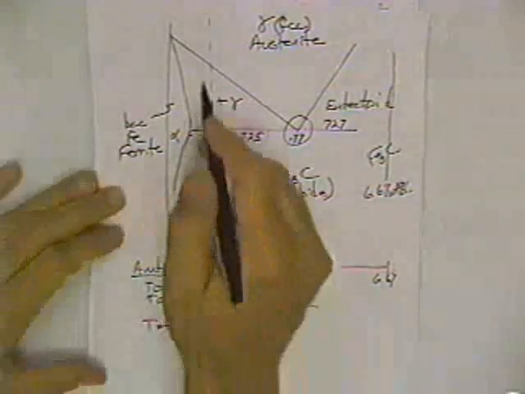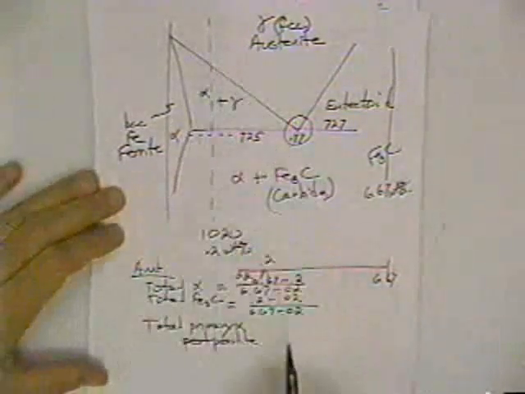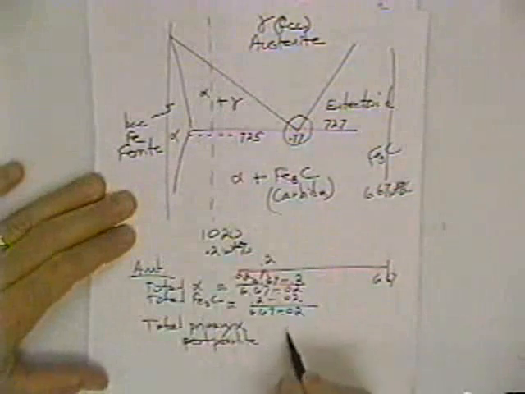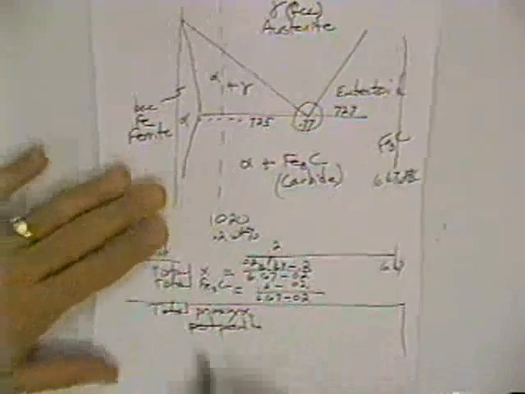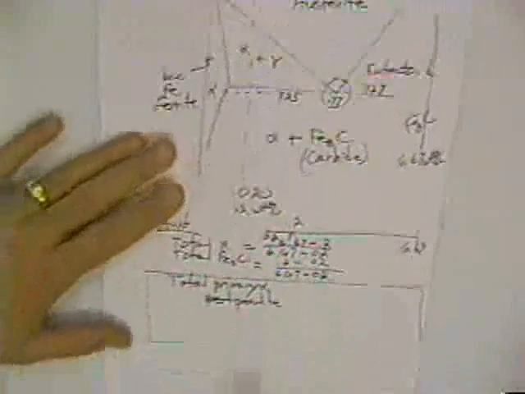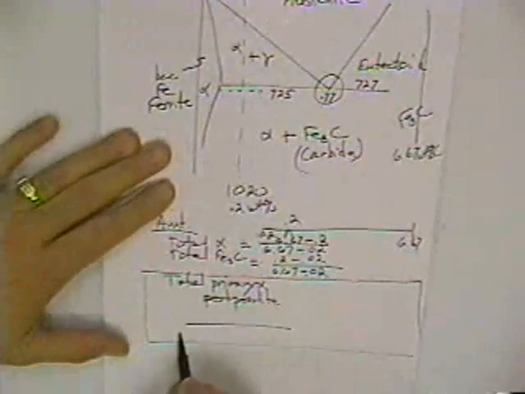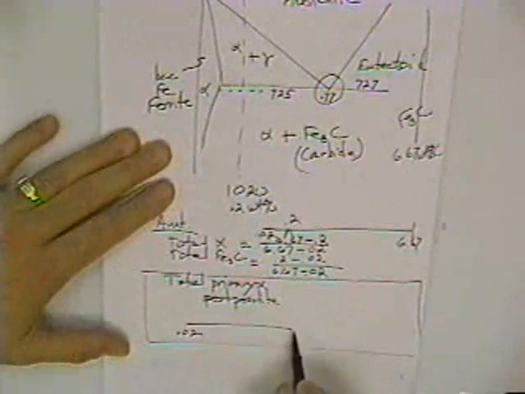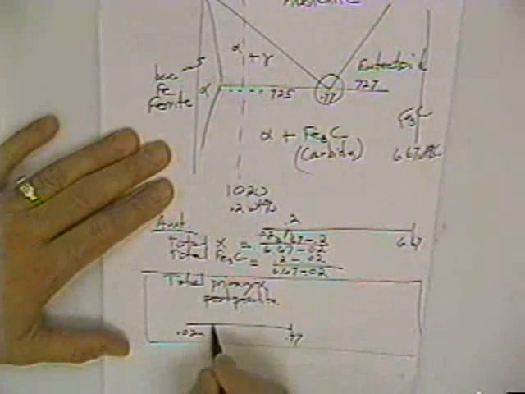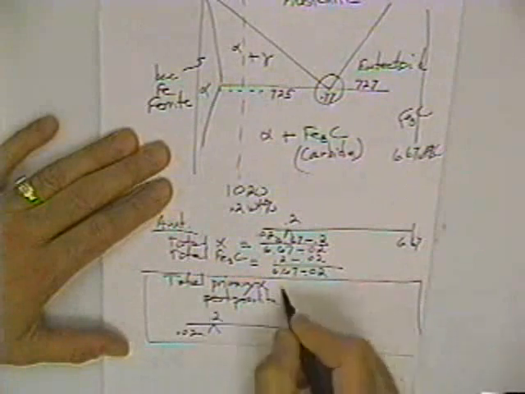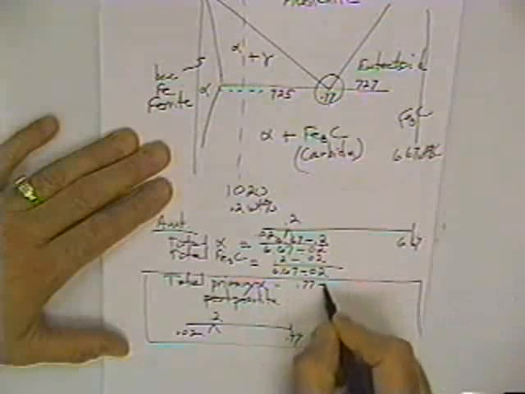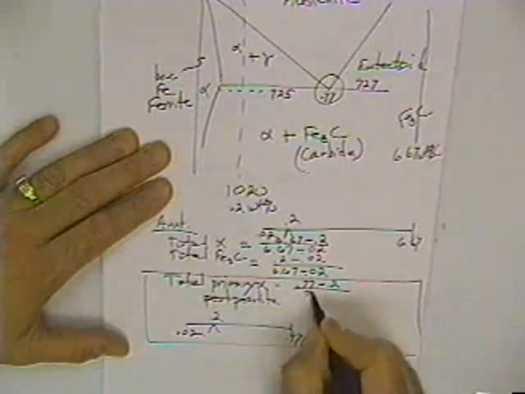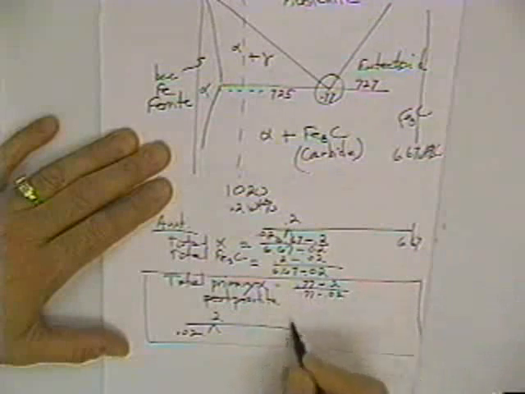But supposing we wanted to know the alpha that came out first and how much perlite we would have, then our tie line, let me put a little box here, is going to go from where? 0.02 to where? 0.77, and we're at 0.2. So the primary alpha is going to be 0.77 minus 0.2 over 0.77 minus 0.02.